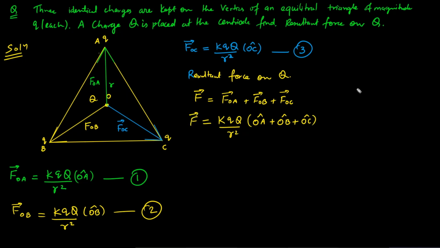In 11th standard we studied that if three vectors are making a triangle, the resultant will be 0, according to the triangle law of vector addition. Here three vectors will make a closed triangle if I displace them one by one.